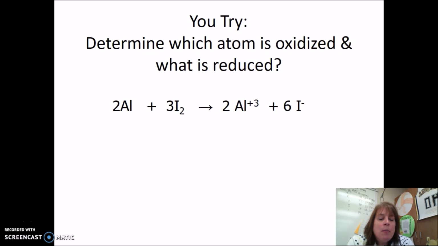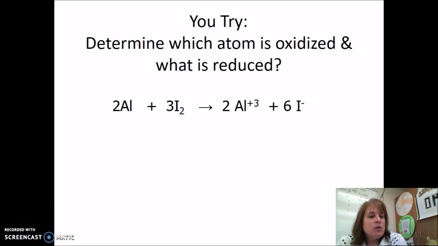Aluminum is going from a neutral atom, so a charge of 0, to plus 3. So that means I'm becoming more positive. If I'm becoming more positive, that means I'm losing electrons. LEO, lose electrons, oxidized. So the aluminum is becoming oxidized. That means that iodine has to be reduced, because if something's being oxidized, somebody's got to be reduced. But let's check.